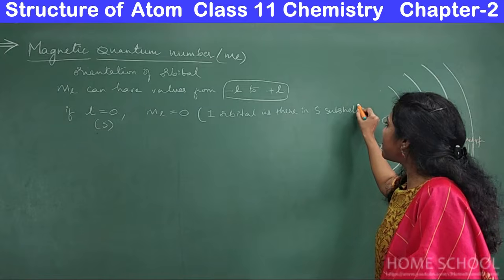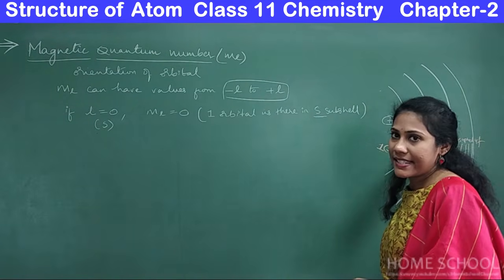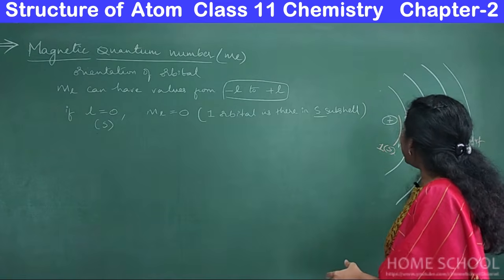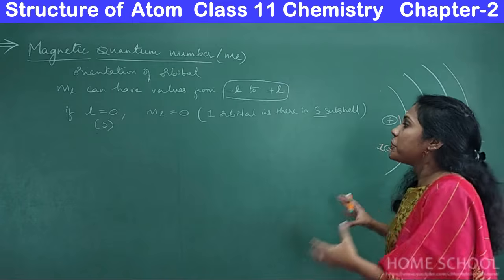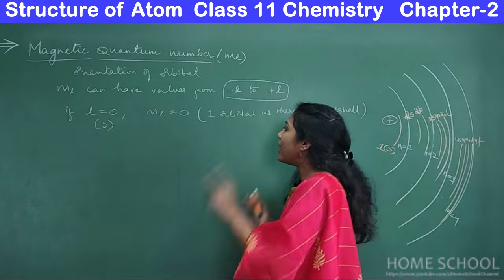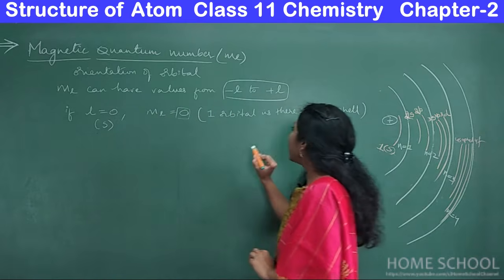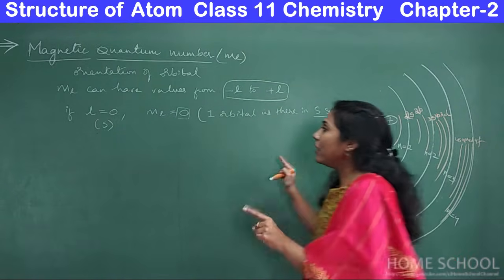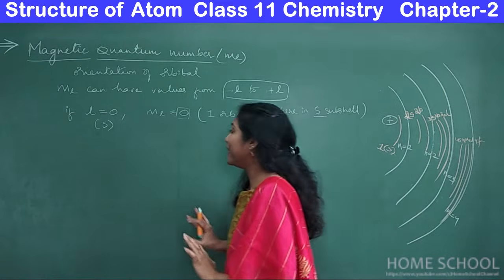Whichever s subshell it may be, s present in the first shell, s present in the second shell, whatever the number of the main shell, the s subshell always has only one orbital. So what is its number? It is 0. So only one orbital is there in the s subshell.